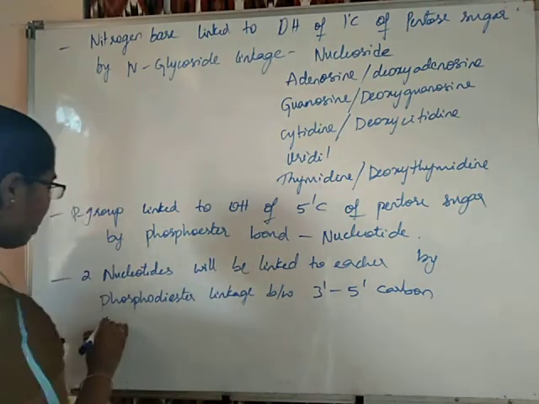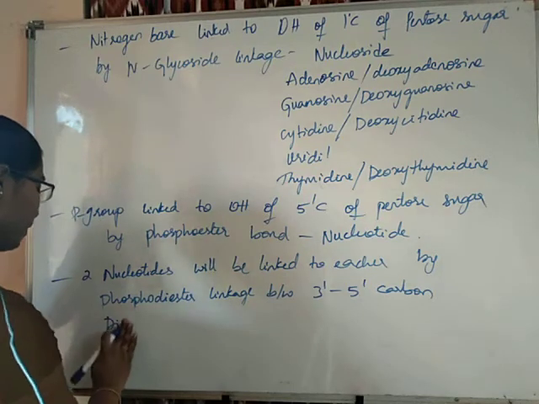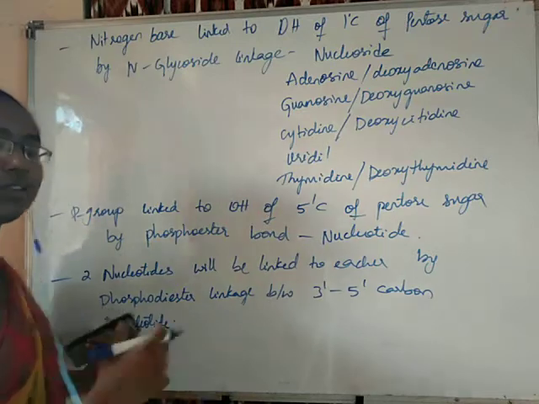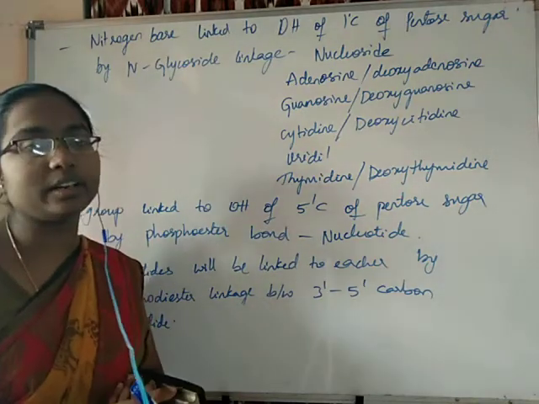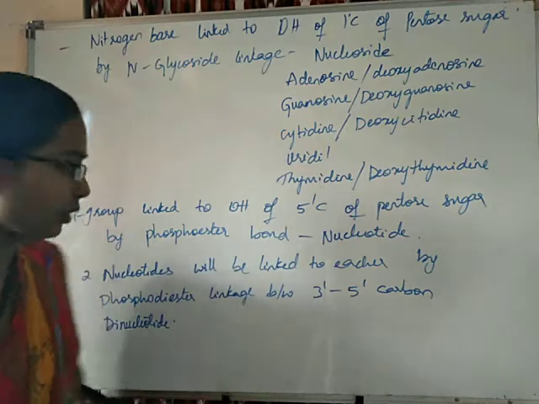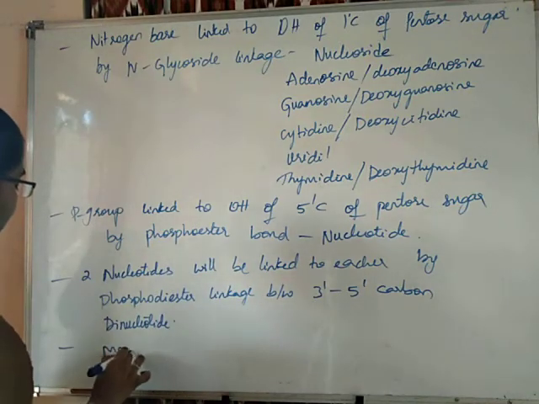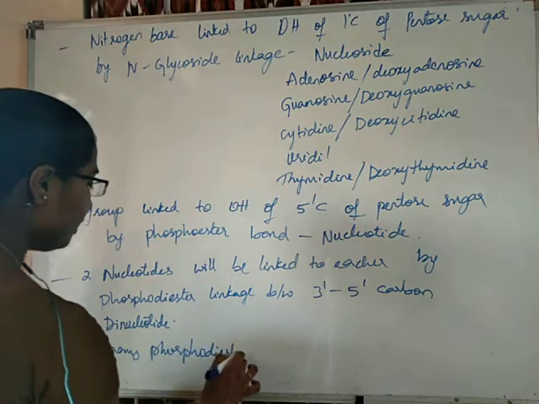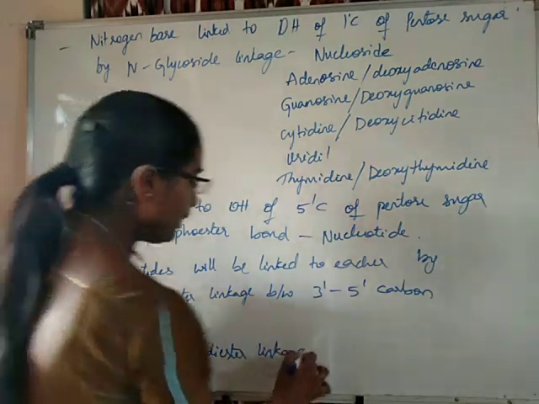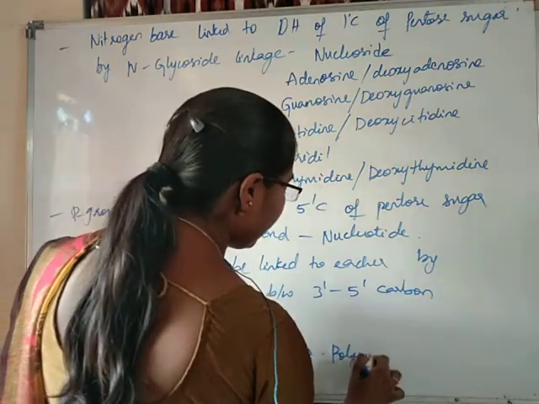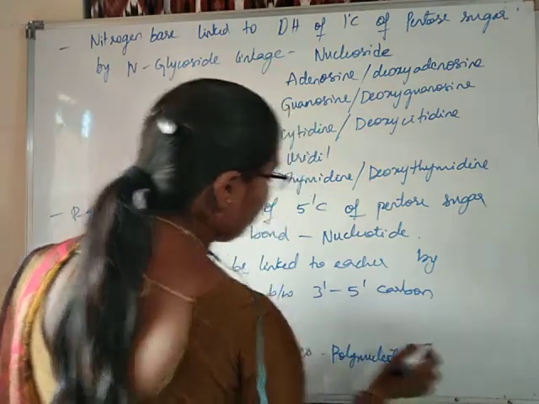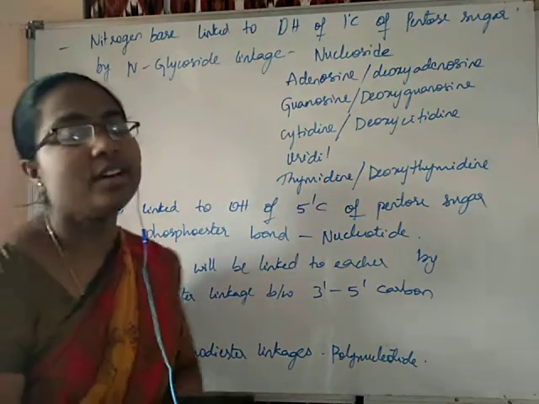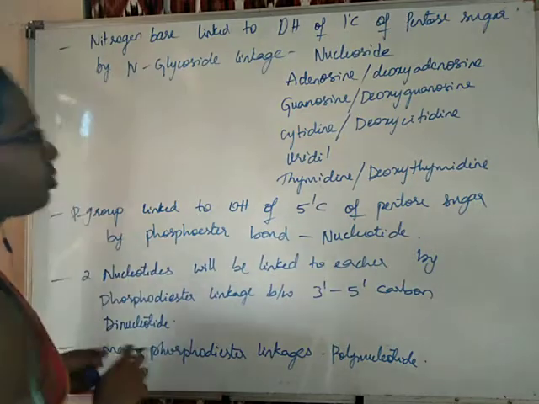It will result in the formation of a dinucleotide. In that way, many 3 to 5 phosphodiester linkages will occur, resulting in the formation of a polynucleotide. So, let us now look at the picture to see very clearly how these phosphodiester bonds are formed.